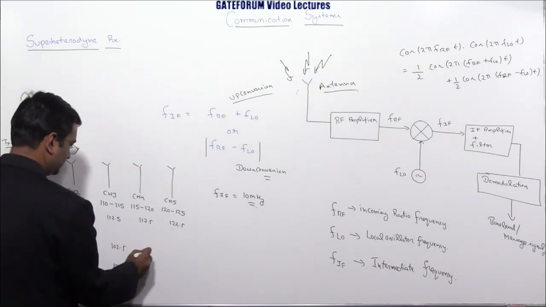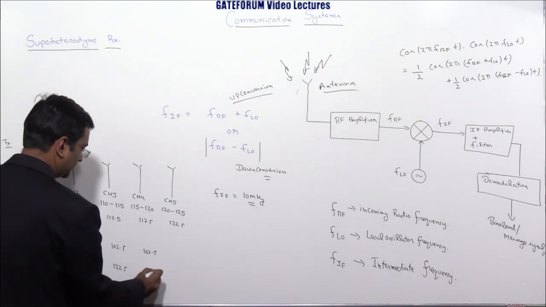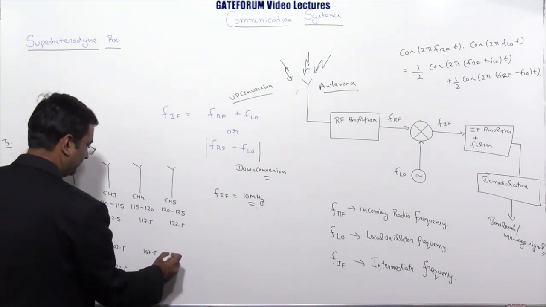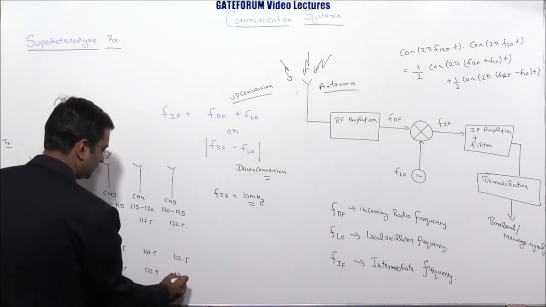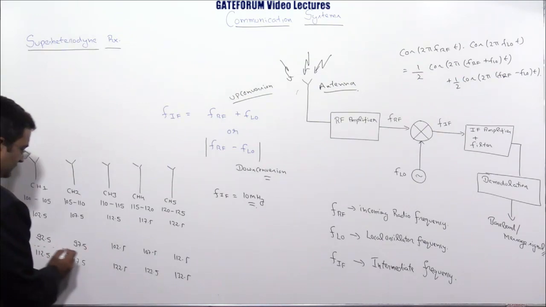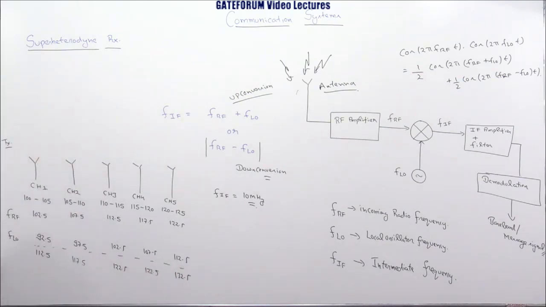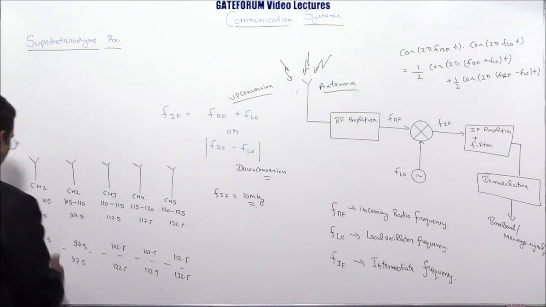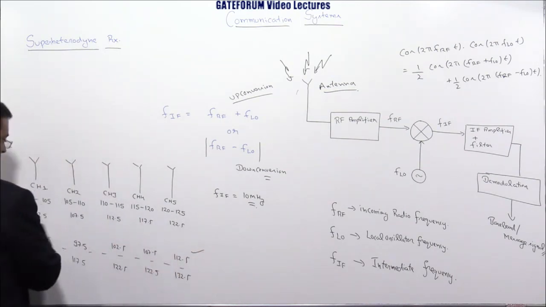In this case it is 107.5 or 127.5, and finally for this one it is 112.5 or 132.5. So you can choose this set or you can choose that set, whichever set you want. Let us make use of the first one. So my FLOs are this, my FRF is this.